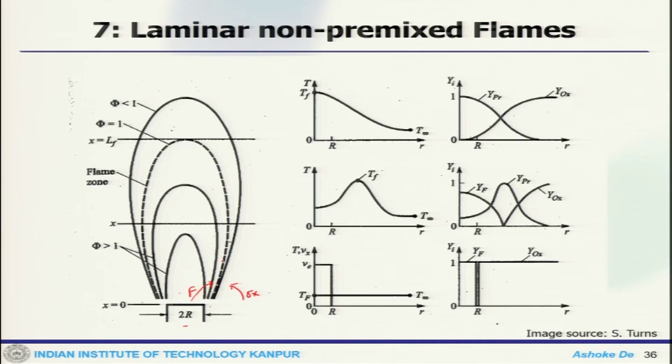When they meet at a point, that is the locus of the flame surface, and this is the flame surface where it is stoichiometric. Outside of that, this is lean condition, phi less than 1. Within that it is a rich condition, these two lines corresponding to phi greater than 1, and this height is called the flame height.